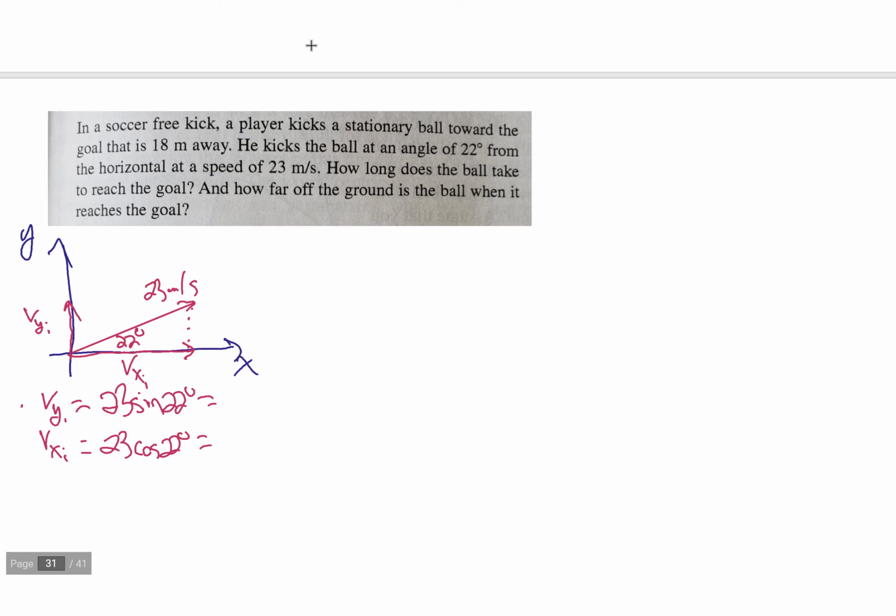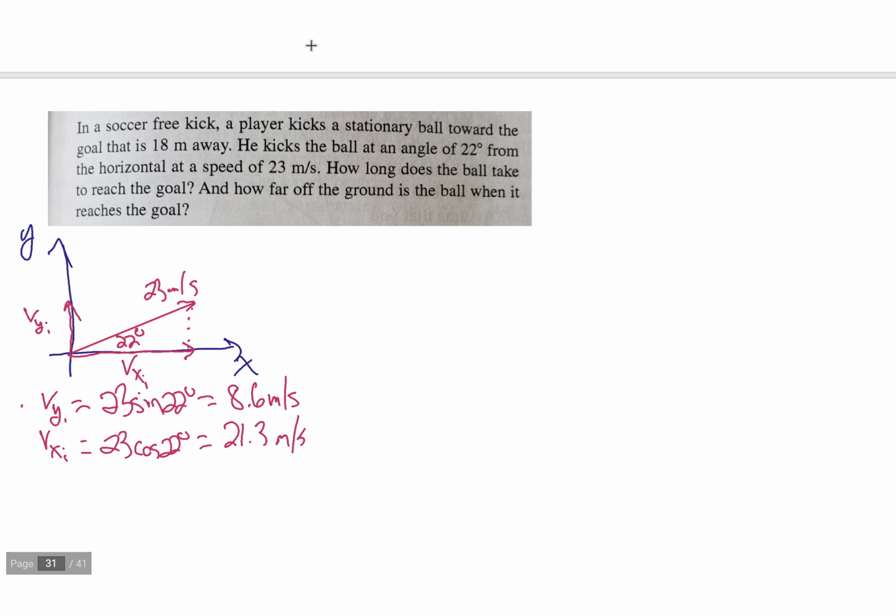And when we do, we get v sub y initial is 8.6 meters per second. V sub x initial is 21.3 meters per second.